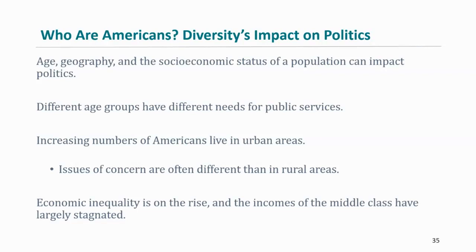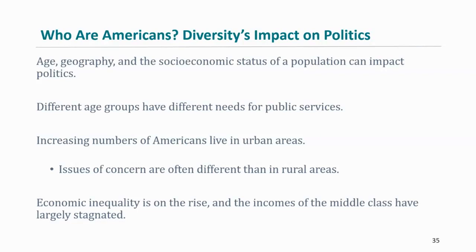If you live in a big urban cosmopolitan area, then of course your needs and concerns in your community are going to be different than someone who lives out in a rural community, because those communities are very different. They have different needs, so there are going to be different political affiliations and different political issues depending on where you live, as well as different age groups.